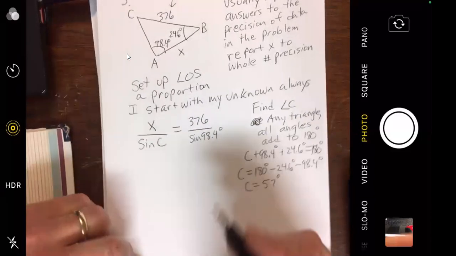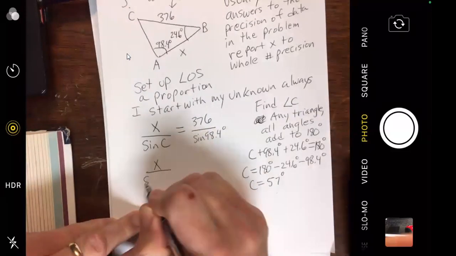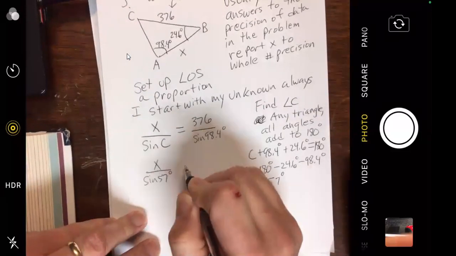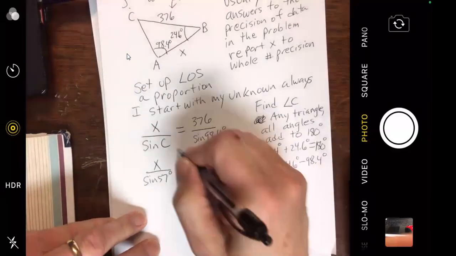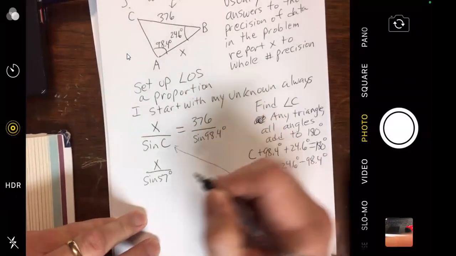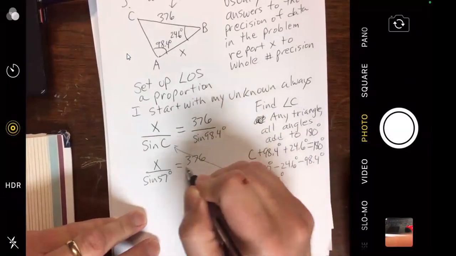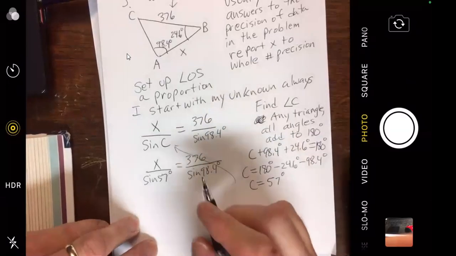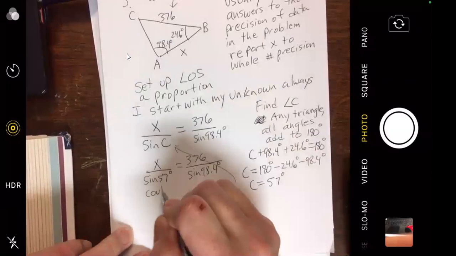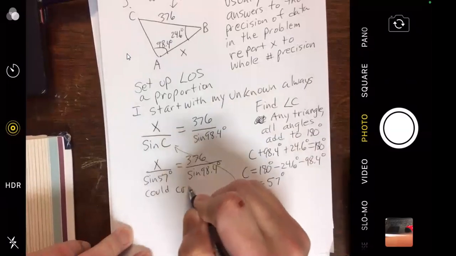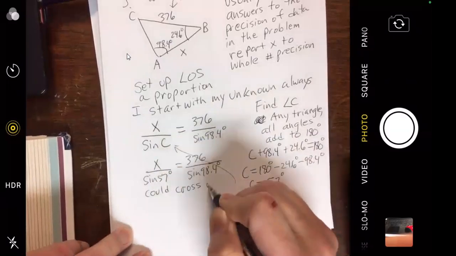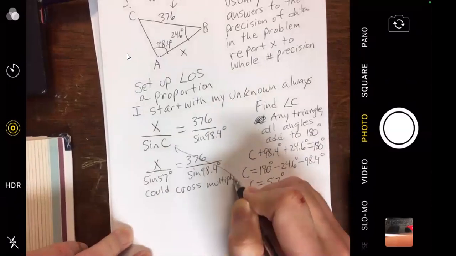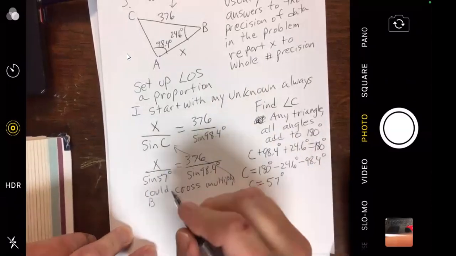So this says x over sine 57 degrees. I'm going to plug C in there, is equal to 376 over sine 98.4 degrees. Now, you could cross multiply, but that leads to two steps.